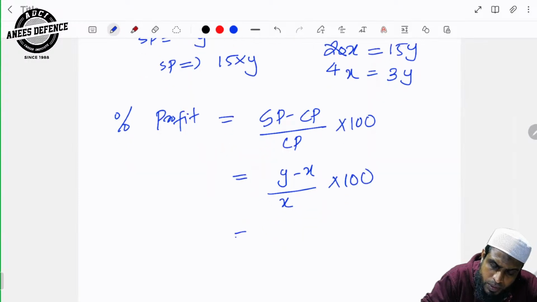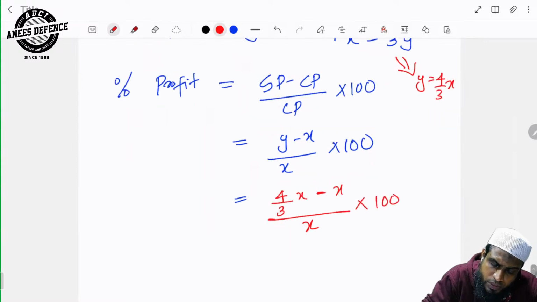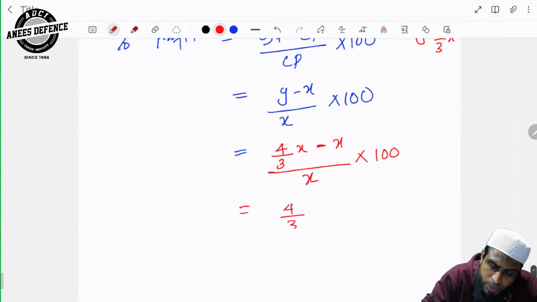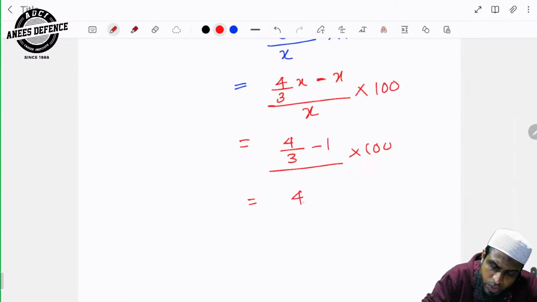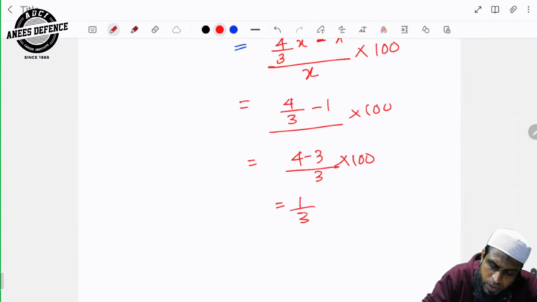From here, y can be considered as 4 by 3 x. So 4 by 3 x minus x. Here x is common. So (4 by 3 minus 1) into 100. So (4 minus 3) by 3 into 100. So 1 by 3 into 100. The answer will be 33.33%.